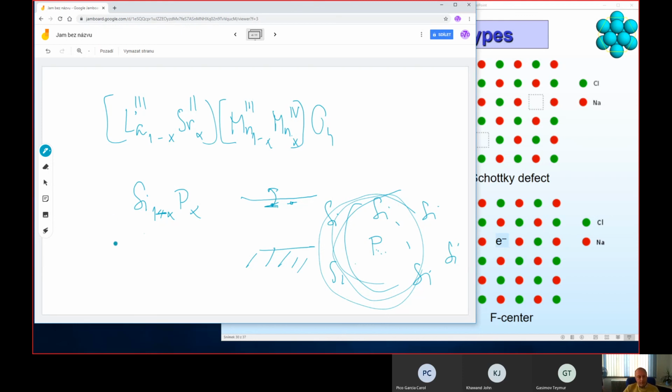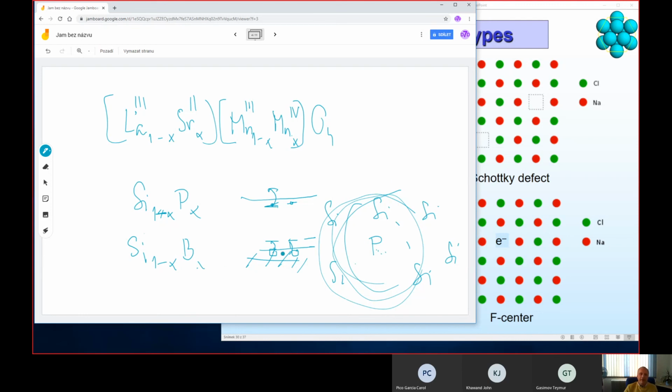Or if we put boron, which contains a lower number of electrons, 3 compared to 4, we create empty sites which at low temperatures are attached to boron atoms, so they are localized, but at higher temperatures electrons can be excited here, and the holes in this valence band can move all over the crystal.